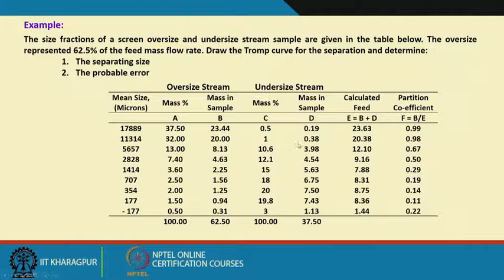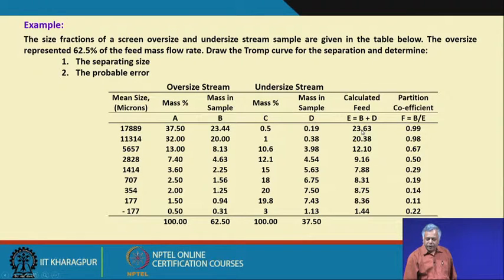That will be 23.44 plus 0.19, that means 23.63. So, column E is equal to B plus D. You get 23.63, and like that, if you add column B plus column D, you get these numbers.